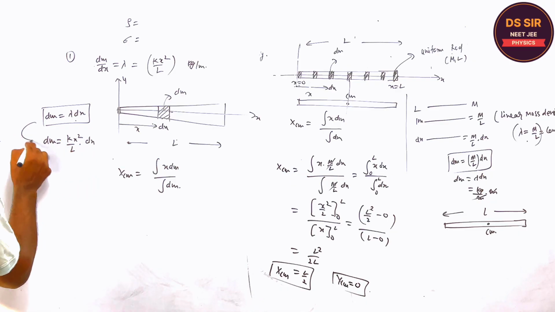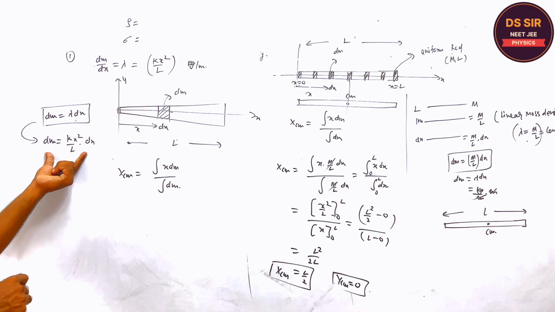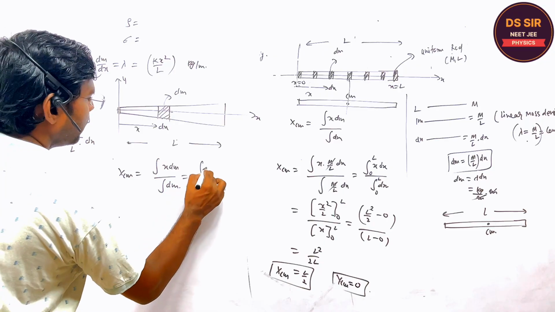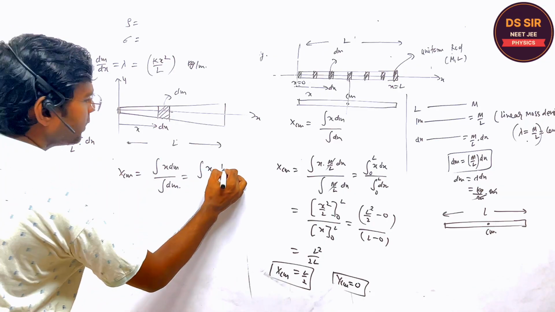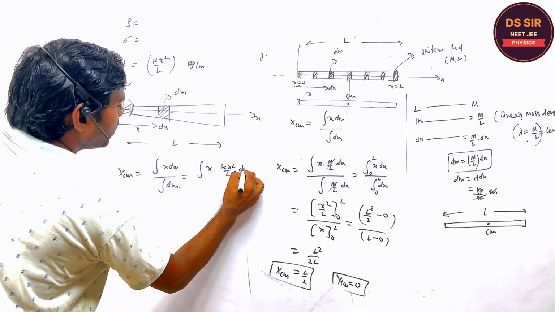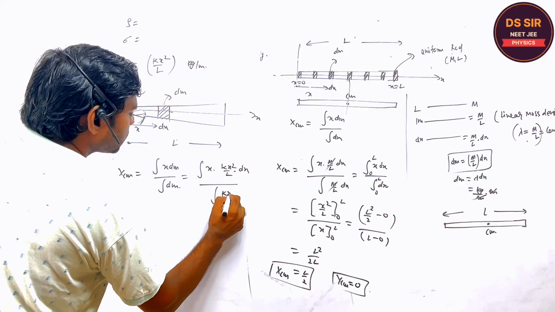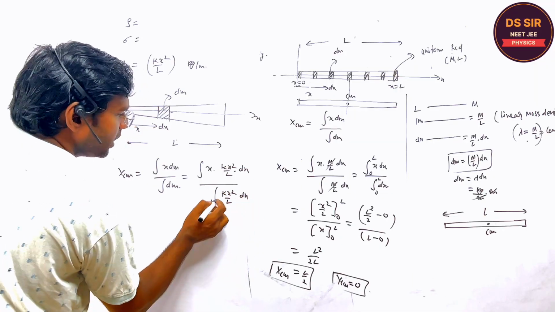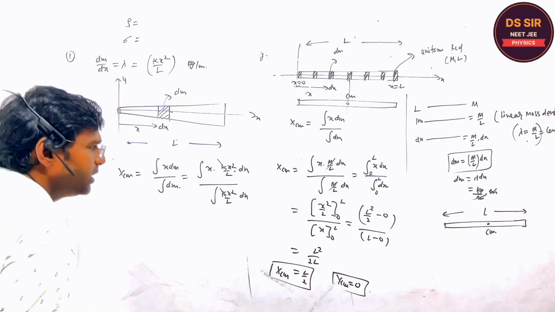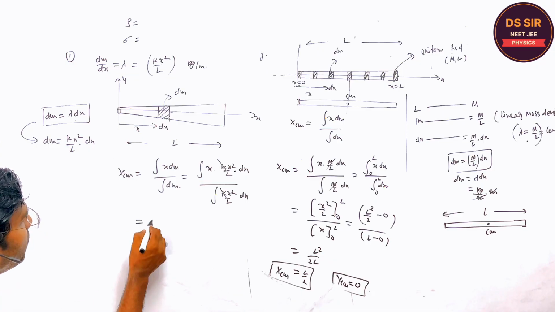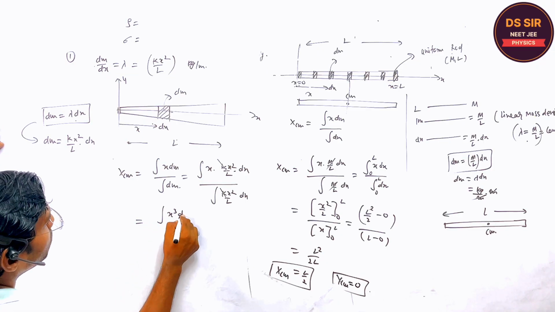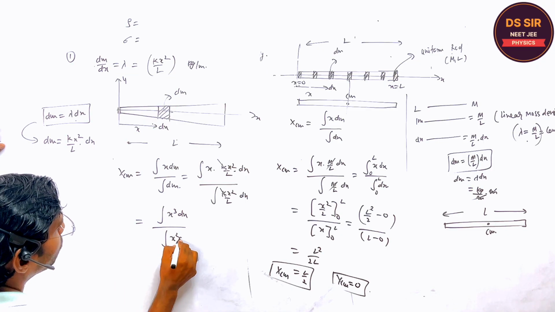Should I explain this once again if you don't understand? Very good. x into dm, the value of dm is kx square upon L into dx, divided by kx square upon L into dx. k and L are constants, they will come out from the integration and cancel out. So x cube into dx and x square into dx.